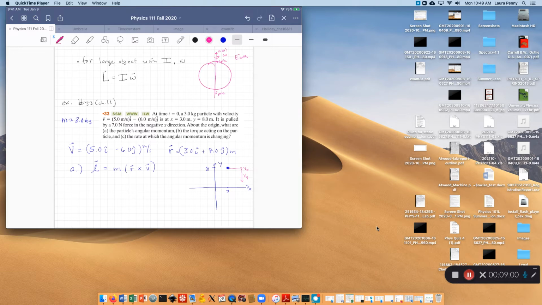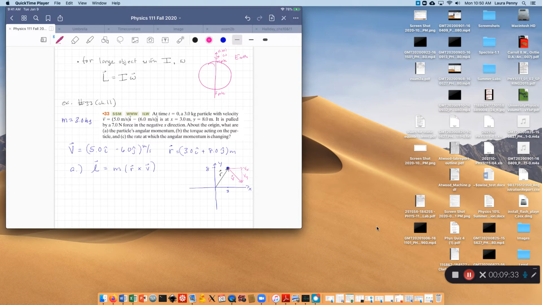So its total velocity is like that. And the R vector here is this, right? It's from the origin to our particle. The V vector is this. So those are the two vectors that we're doing the cross product of.